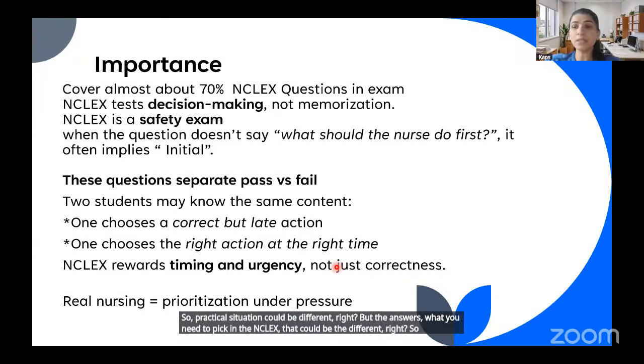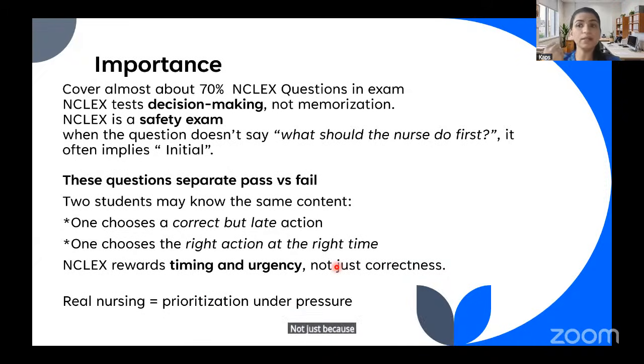That is the reason I have seen so many nurses fail this exam, not just because they apply the experience of what they see on the floor, but also because of what they learn just from the books. So you need to know some strategies for how to pick the answer, even if every answer sounds correct.